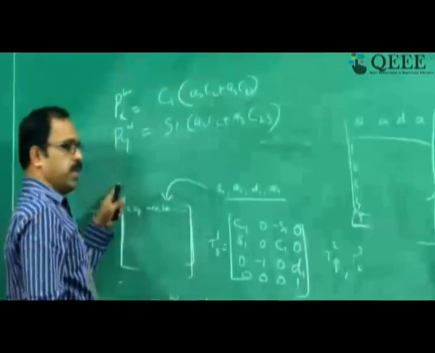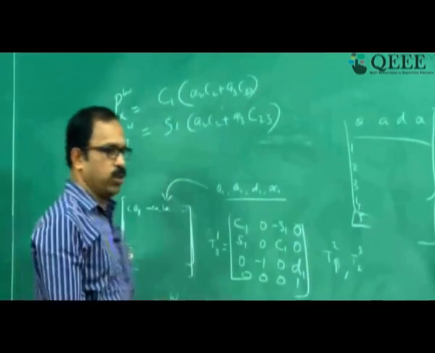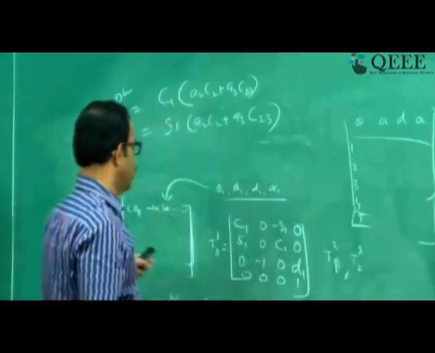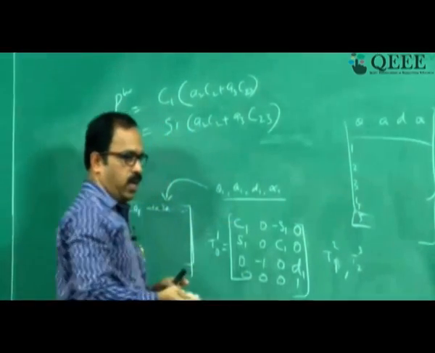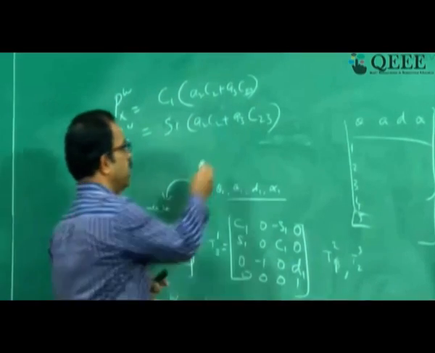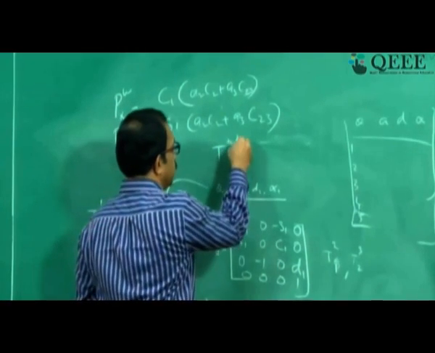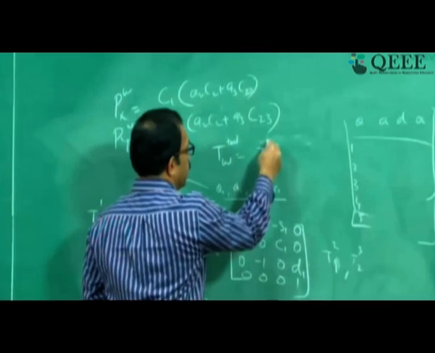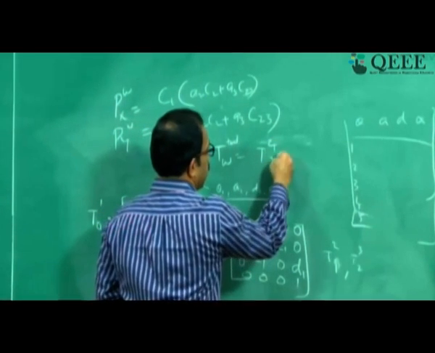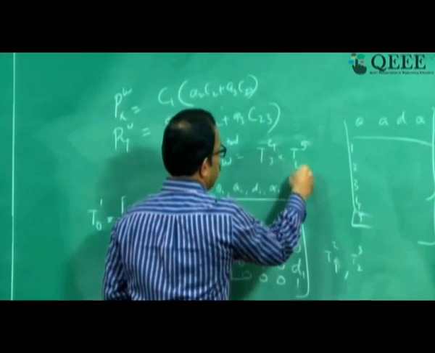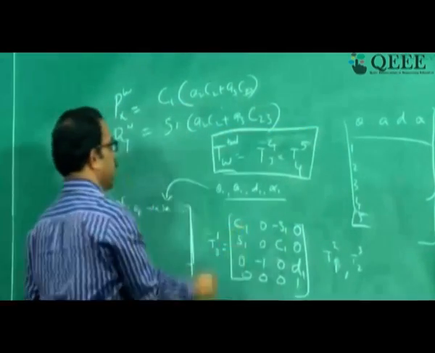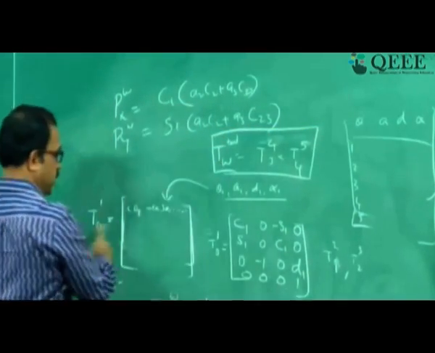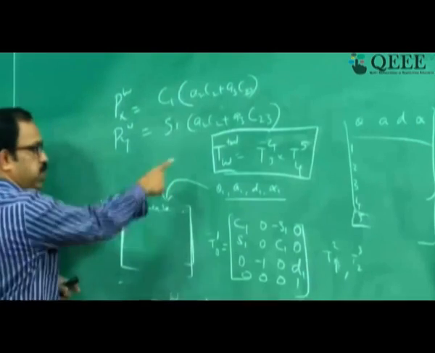Now if you want to get the complete position, you can get T tool to wrist separately. Tool to wrist will be T4 to 3 and T5 to 4. Multiply this one with this one, and you will get the complete tool to base.